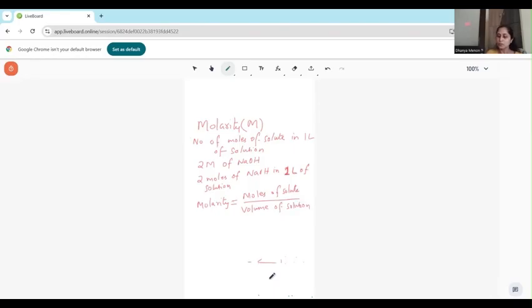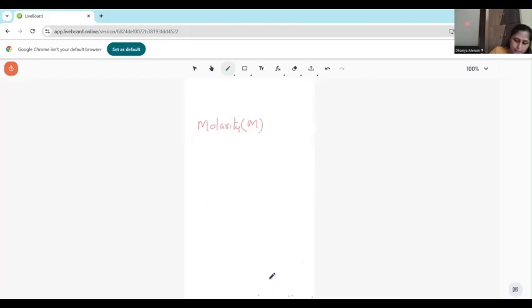Okay, so let's do a question based on this molarity, some direct question first. I'll just write down the formula over here: moles of solute by volume of solution in liters.